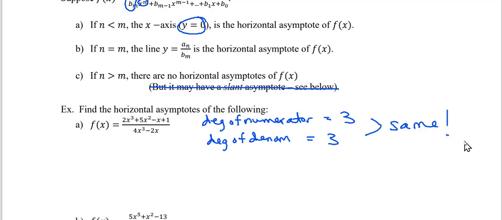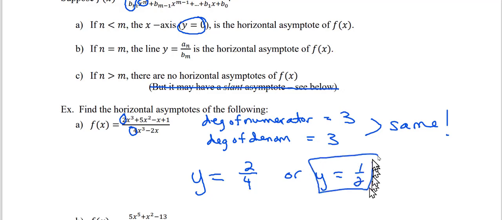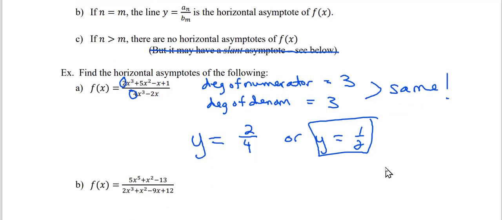And if they're the same, we're in scenario B up there. Our horizontal asymptote is the ratio of the leading coefficients, which would be 2 over 4, which we would simplify to y equals 1/2. That would be the horizontal asymptote of this function.